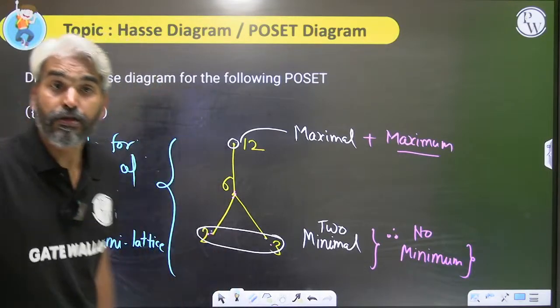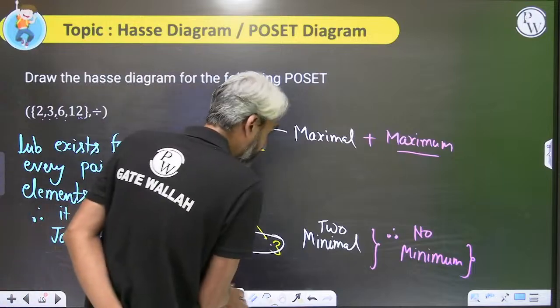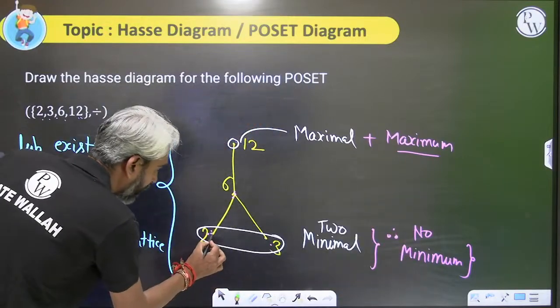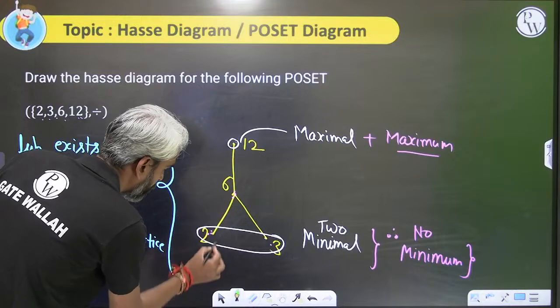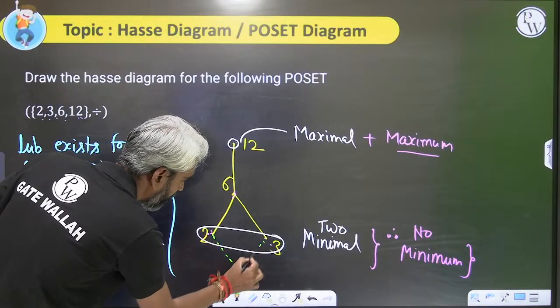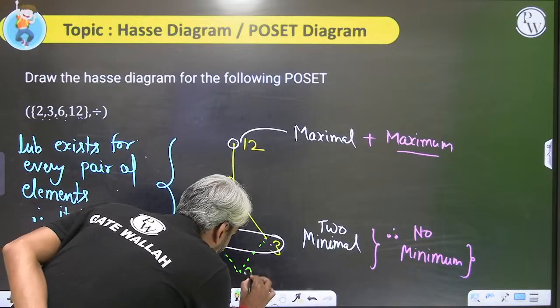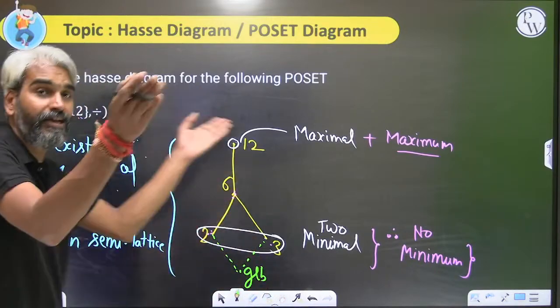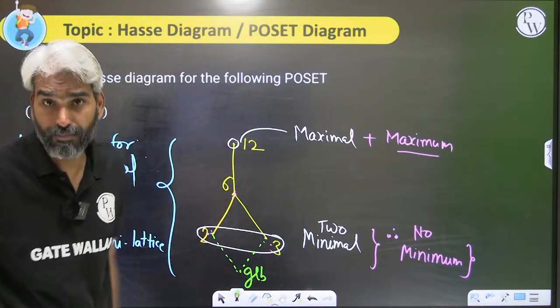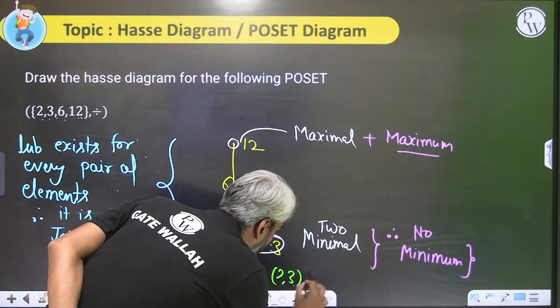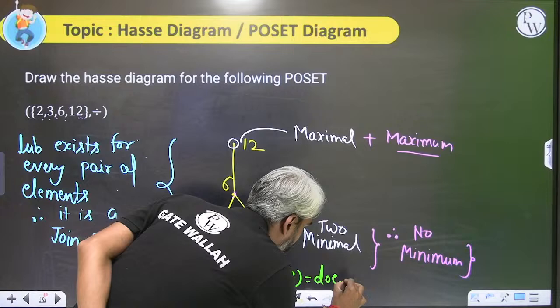But my question is, do we have greatest lower bound? Do we have greatest lower bound for 2 and 3? No, sir. The greatest lower bound for 2 and 3 does not exist. Greatest lower bound: where do they meet each other at the lower side? They do not meet anywhere at the lower side. Therefore, greatest lower bound of 2 and 3 does not exist.